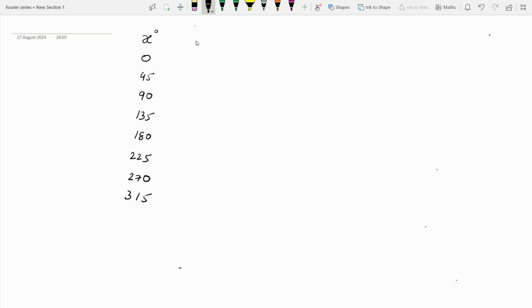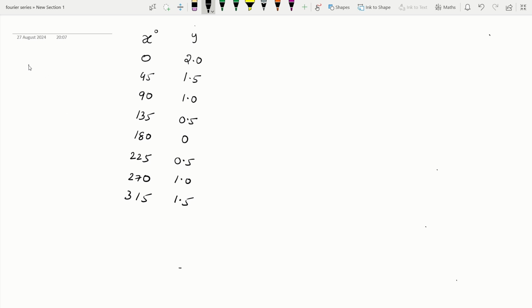Then the y values: in front of 0 it is 2.0 (2.0 or 2 is the same), then 1.5, then 1.0, then 0.5, then 0, then again 0.5, 1.0, 1.5. They already gave this data.